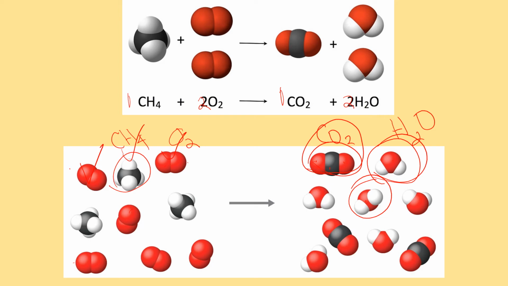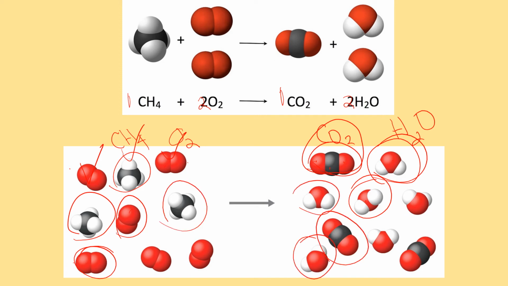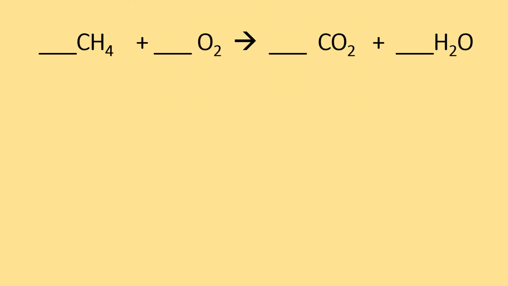All right, so every one of these takes 2 of those to get 1 of these and 2 of those. So this is what's happening. So these are ratios, and if we double this, then we got to double that, double that, double that. Okay, so then that's one way to balance it.